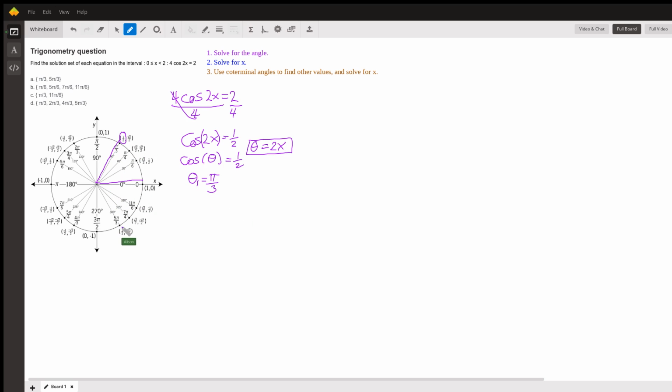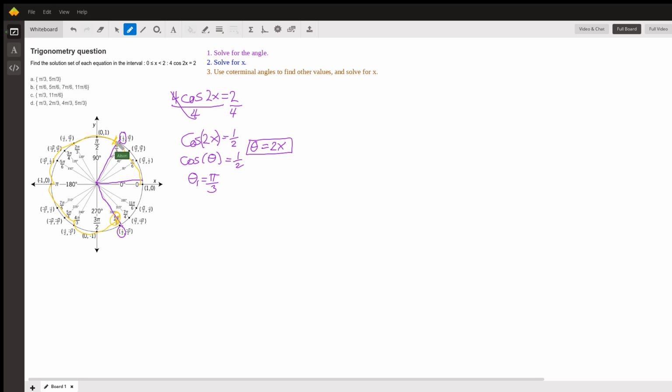Now, we also see that cosine is positive in the 4th quadrant because x coordinates are positive in the 4th quadrant, and that angle also has a reference angle of 60 degrees. And it says right here 5 pi/3, but if you don't remember that, here's how you get there. If you start at 0, I go pi/3, 2 pi/3, 3 pi/3, 4 pi/3, 5 pi/3, right?